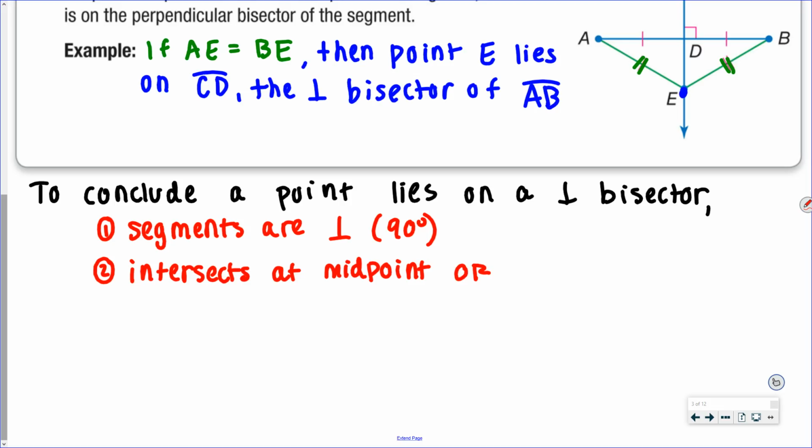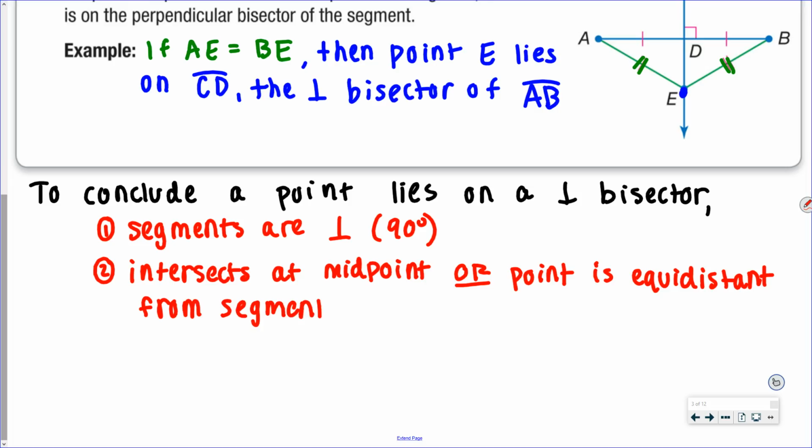Or if you want to use the converse, the point is equidistant, like these lengths are the same from the segment endpoints. And then we can use the converse. Okay, so jot that down.